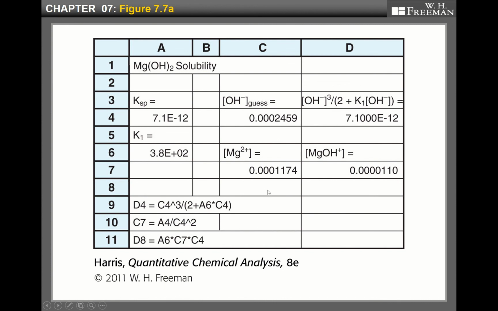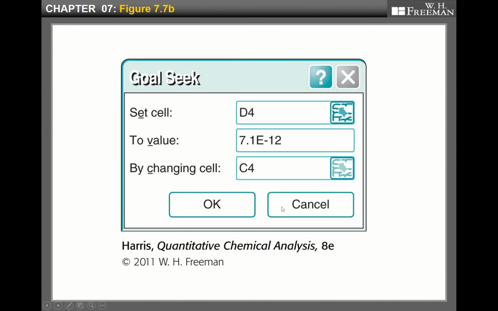Then using Ksp or other equations, you can calculate the magnesium hydroxide concentration and also the magnesium monohydroxide concentration. So Goal-Seek is a very powerful tool for obtaining the solution.